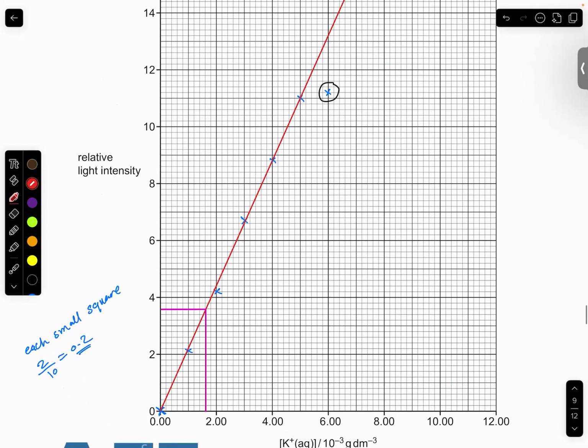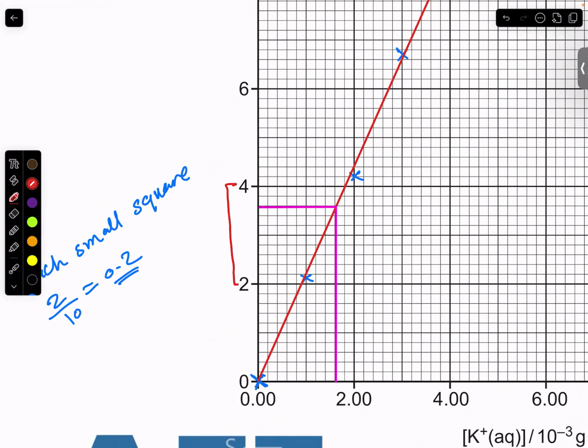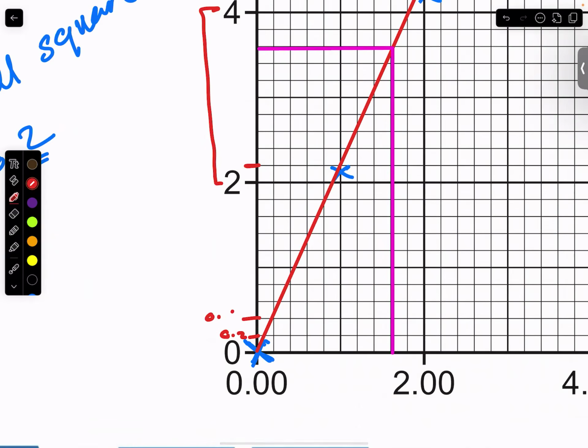When we plot, each small square, if you notice here, the difference is 2. So to get the reading of the small square, we say 4 minus 2 divided by 10 equals 2 divided by 10 equals 0.2. So every 2 small squares is 0.2. So this one, for example, is 0.2. This one is 0.4. This one is 0.6. This one is 0.8.